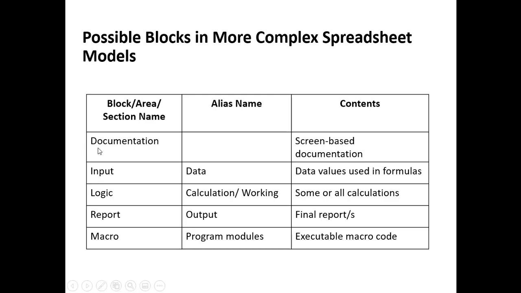And the documentation and macros most of the time you may not find, but it is nice to know that when it comes to a model, even the macros and the documentation can be there. Especially if you are developing these models for your clients, the documentation is a must. And also you find that in the model there are certain repetitive kinds of tasks, so you can simply assign that to a macro. So then the macro would do the task on your behalf, right?